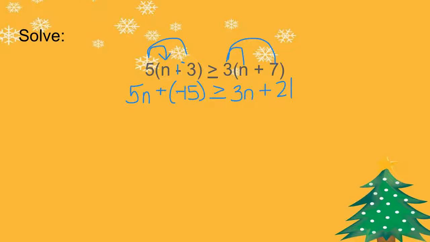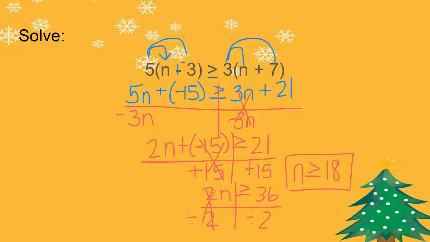All right, I want you to pause me while you solve this and come back to see what my solution is. You will see that up at the very top, I decided to remove the 3n from the right side as my first step, but I could have started anywhere.